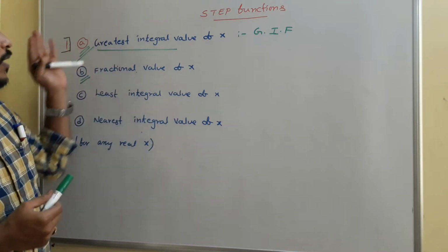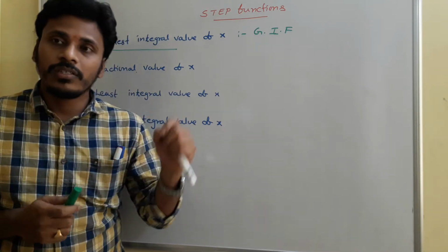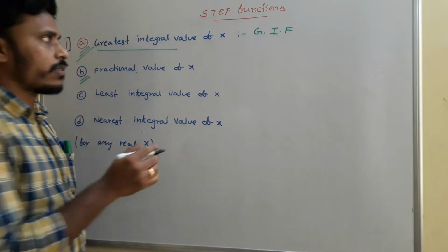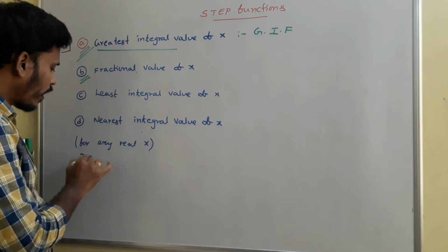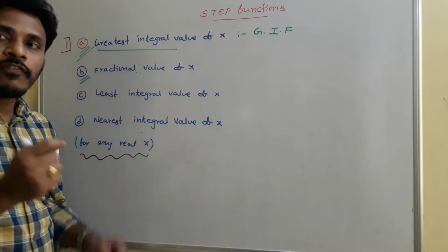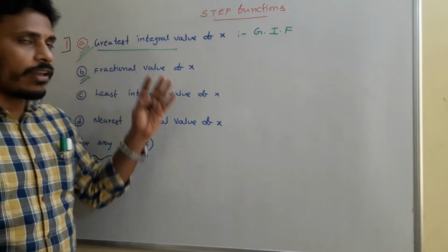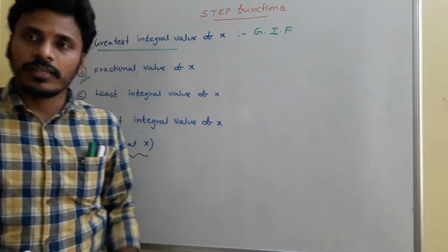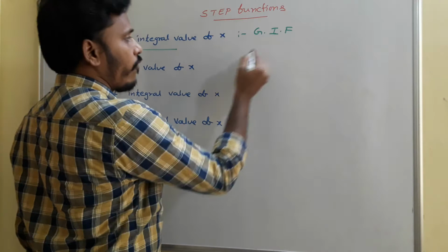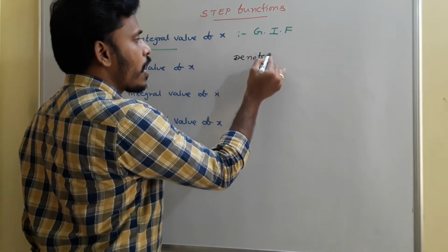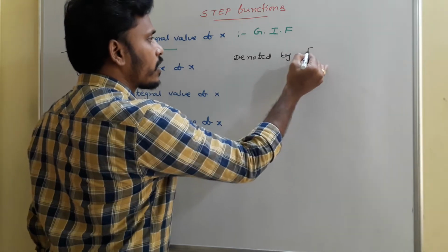The first one, 1a, related to the step function, is the greatest integer function or greatest integral value of x, where x, as I mentioned, is any real number. Related to that real number we will define all these four. At first we are discussing the greatest integer of x, which is denoted by step x.